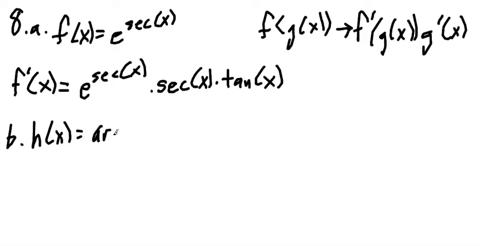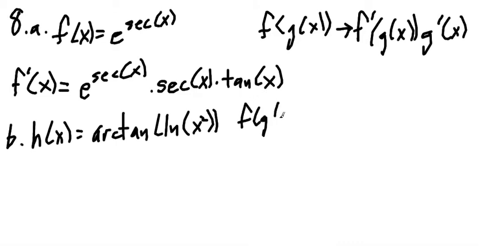B is more work because we have a composition of three functions. I have arctangent of the natural logarithm of x squared. All right. So what happens here is if I've got three functions, f of g of h, when I take its derivative, it's going to look like this.